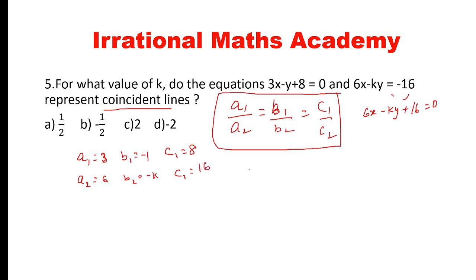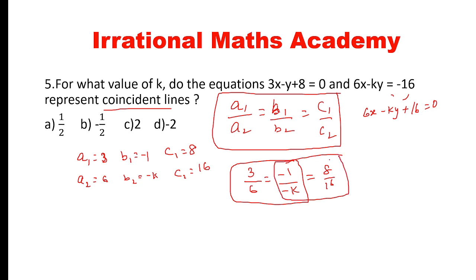So let me write down 3 by 6 equal to minus 1 by minus k equal to 8 by 16. Either you can solve these two, or you can solve these two. Your wish. First I'll solve this part: minus minus is plus, right? So 3 by 6 equal to 1 by k. Cross multiply it. So what do you get here? 3k equal to 6.